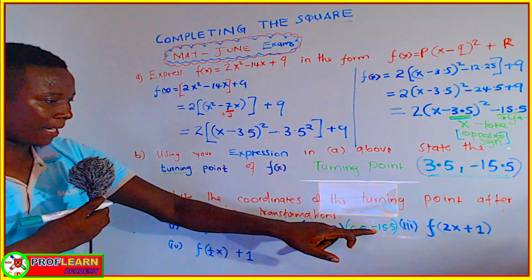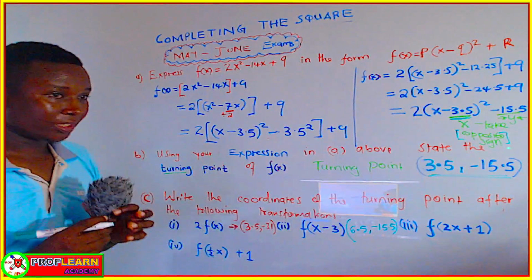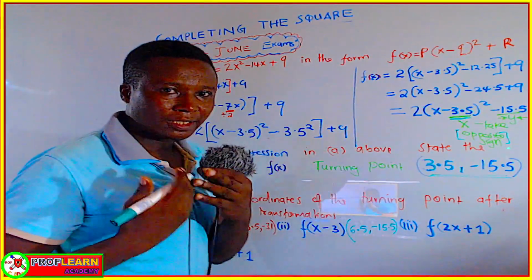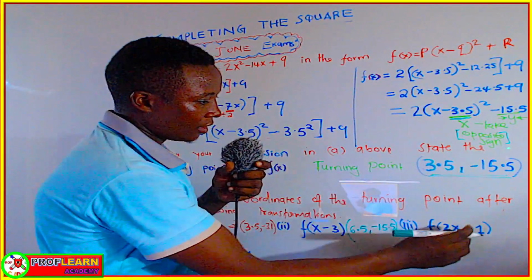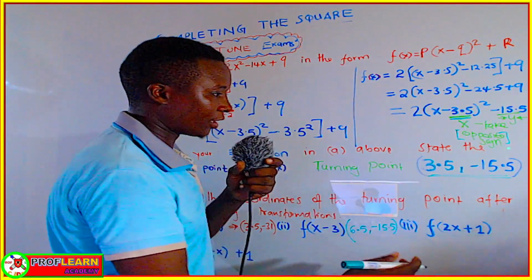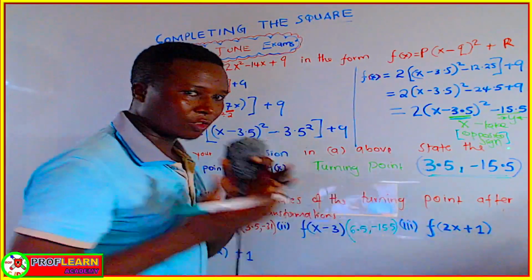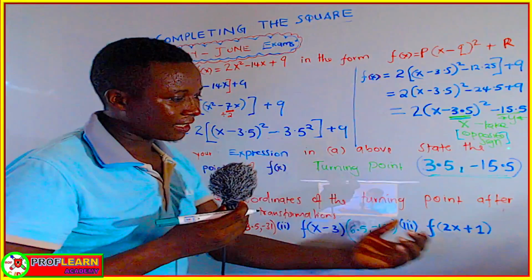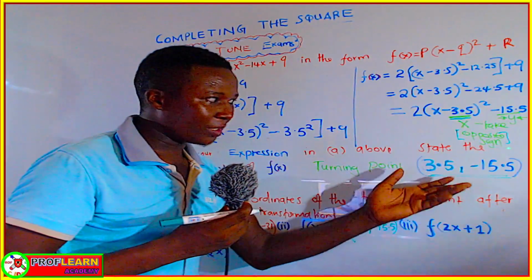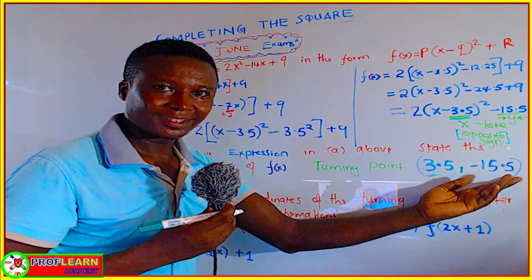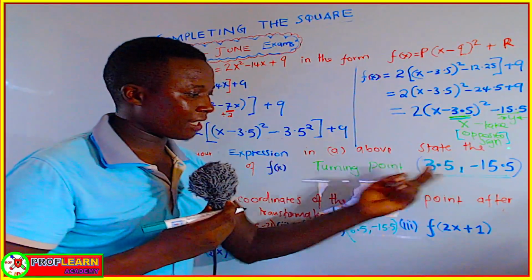6.5, negative 15.5. We have also a combined transformation in this case. This one is 2x plus 1. So all these combined transformations are basically taking place inside a bracket. So which coordinate is going to be affected, either x or y? Yes, only x is going to be affected.